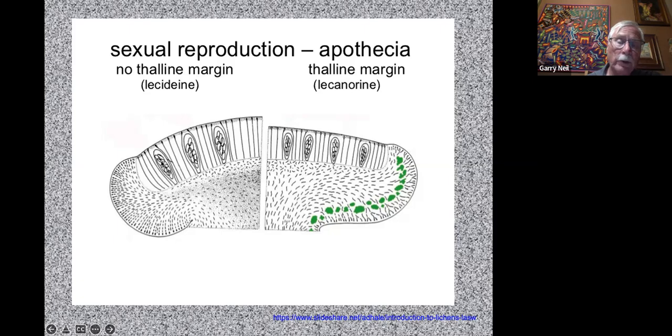And these spores, when they are mature, will break out of these sacs and go somewhere and hopefully find an algae. By the margin, you don't have to worry about this much, but when you take a look at it like a disc, sometimes they have a ring around the outer edge. If they have a ring around the outer edge, the ring will either have algae in it or no algae in it. Other than that, you don't have to worry about the terminology. But again, there are some characteristics there.